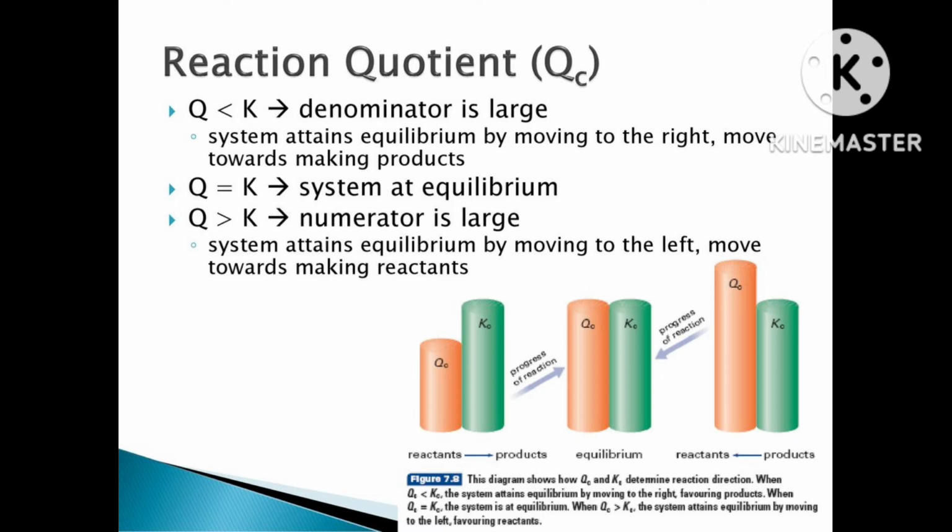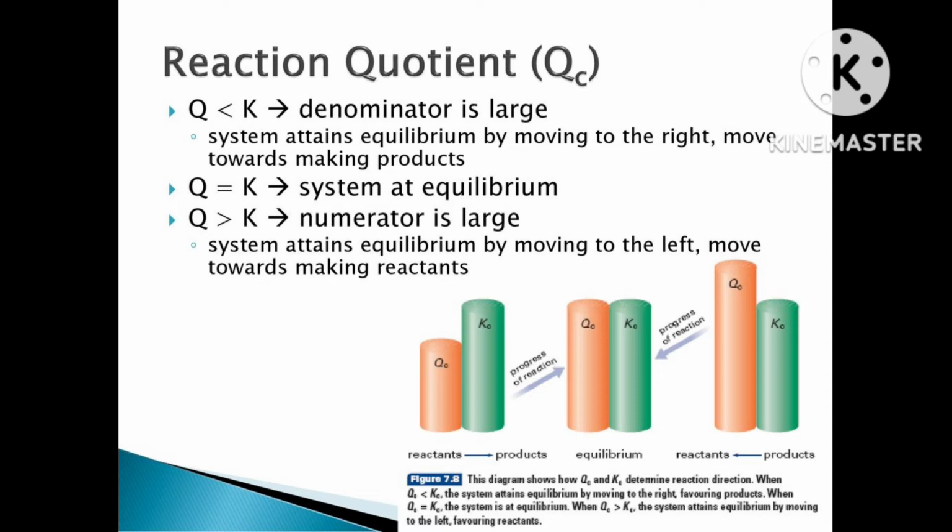Constant is Kc. Then X, remember last class I told how to calculate the X value. In the question I gave, the reactant in the beginning was 0.1 mole. Then at equilibrium 0.1 minus X mole was remaining.